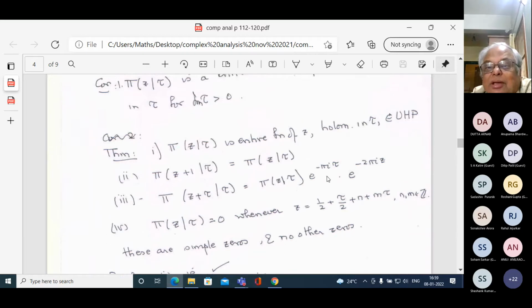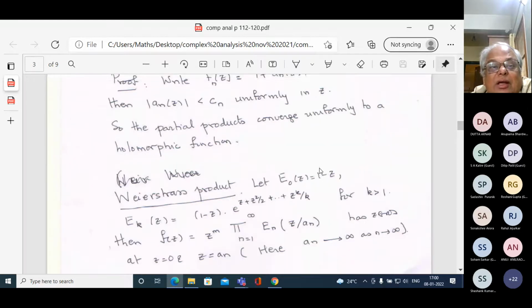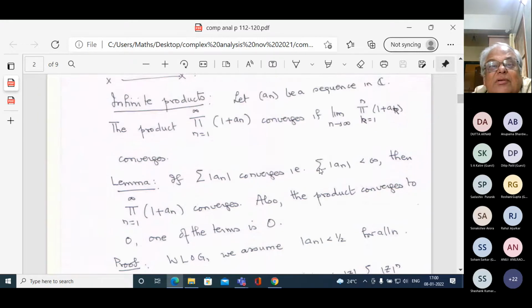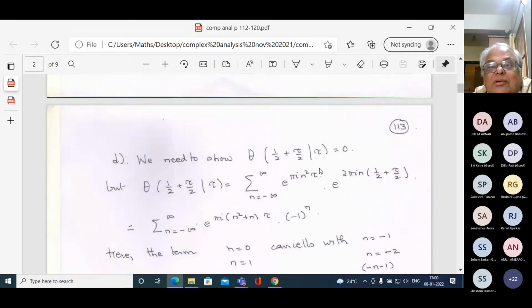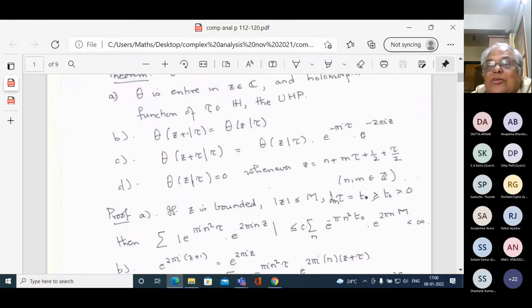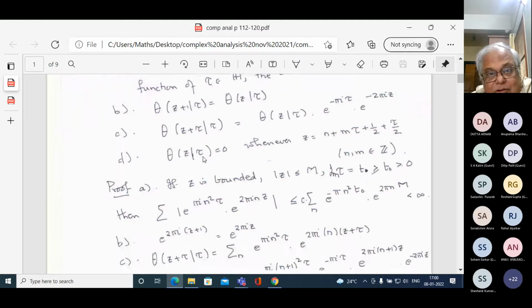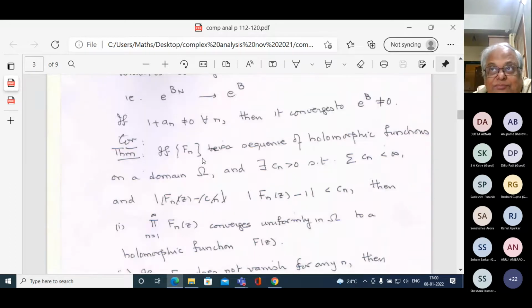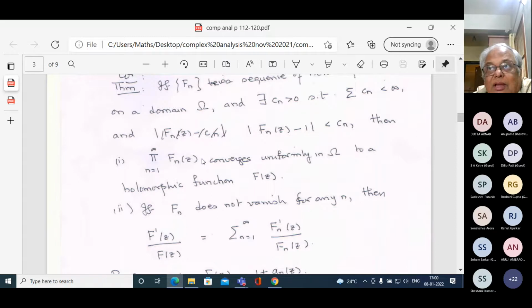This factor, e to the minus pi I tau, e to the minus 2 pi I z, is a factor for theta, and it's also the factor for pi. And therefore, theta divided by pi is also periodic in tau.